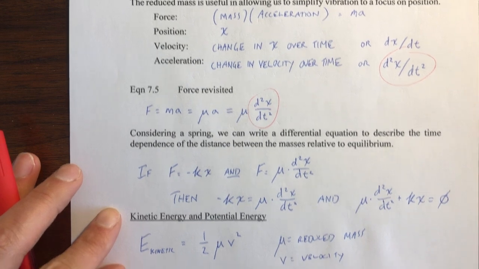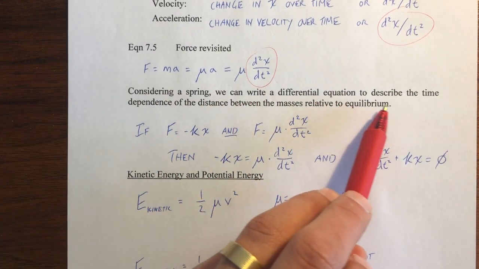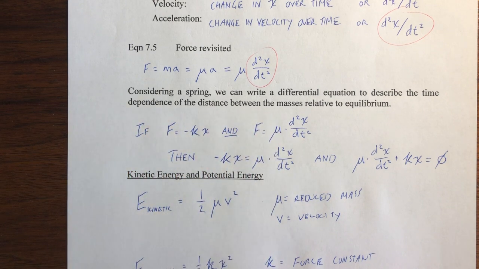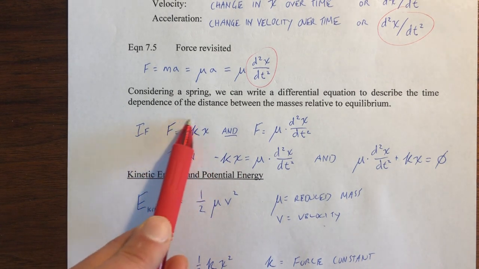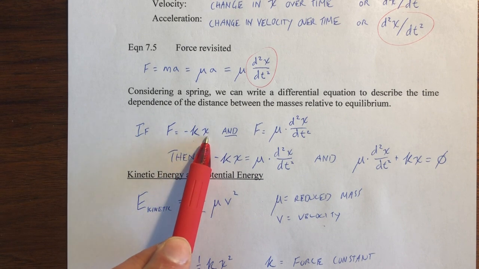Now, considering a spring, we can write a differential equation to describe the time dependence of the distance between the masses relative to equilibrium. So, now let's bring back in the idea of force being equal to the negative of the spring constant times position.